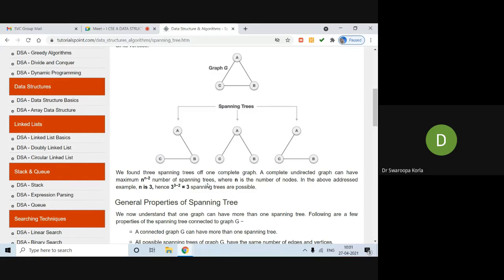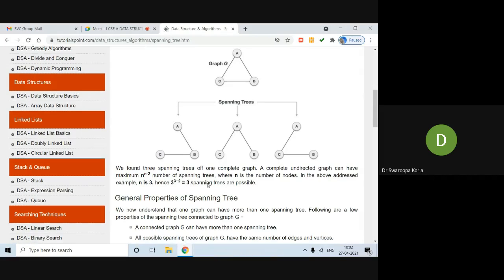Here n is the number of vertices. How many vertices are there in the graph Z? A, B and C, so 3. 3 power 3 minus 2 is exactly 3 power 1, which is equal to 3. In this way, you can use this formula to find out the maximum possible number of spanning trees for a given complete undirected graph.